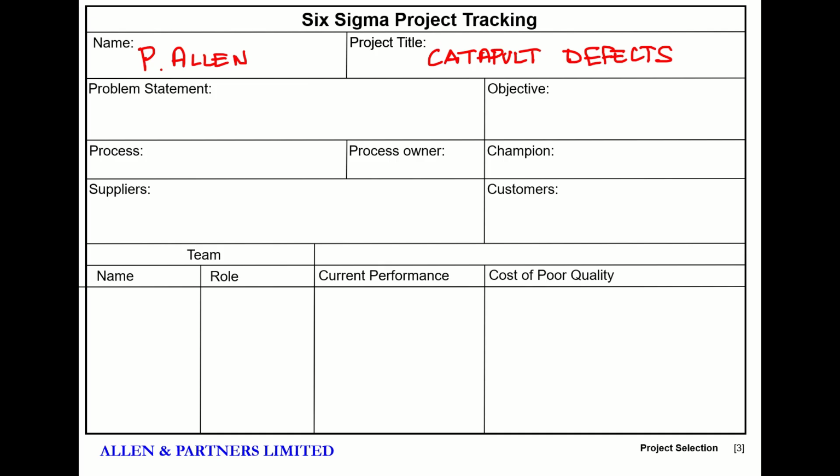I'm going to keep it simple. Now the problem statement. So what's the statement of physics? That's all we need to know. Do I have too much variability, or is my aim wrong on my process? So problem statement: too much variability.